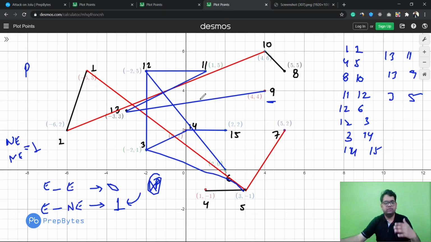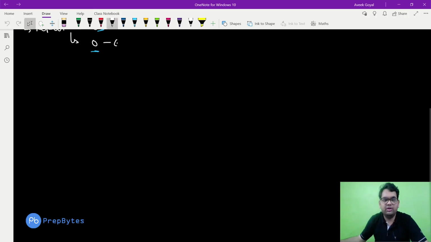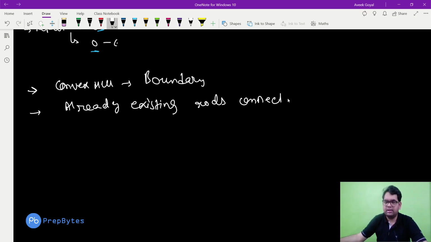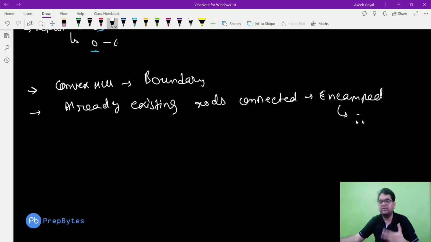Let's see some points on the implementation for this particular question. Finally, what we did in this question is we need convex hull to get the boundary. Now if there are already existing roads connecting the encamped houses, we will certainly use them because that will cost me 0.